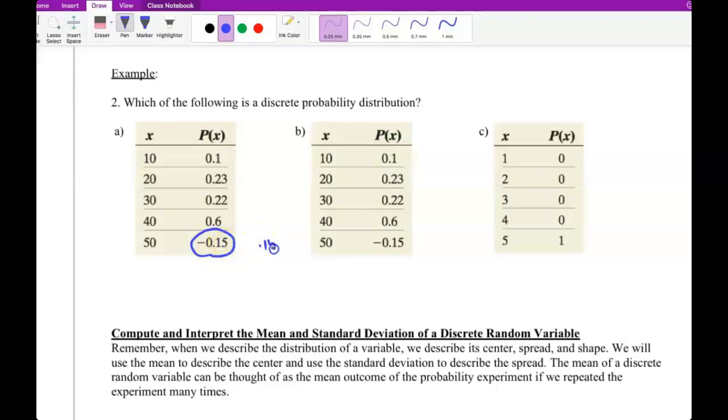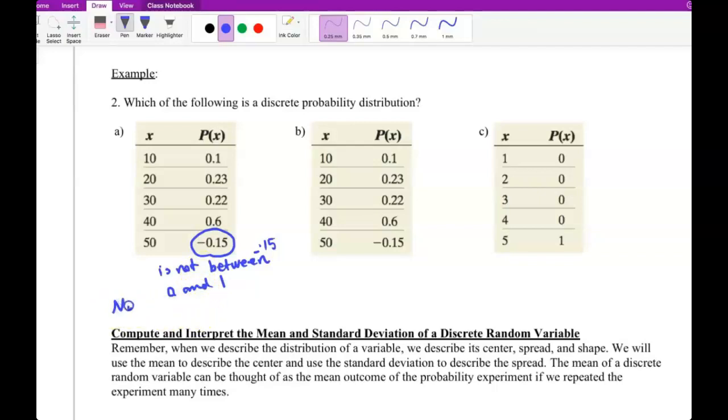So negative 0.15 is not between 0 and 1.